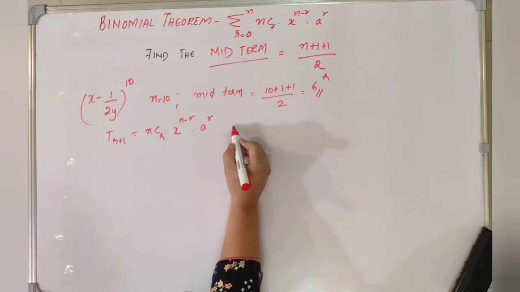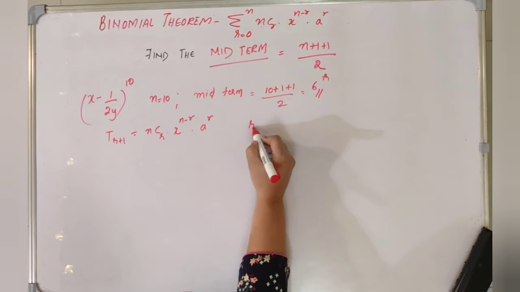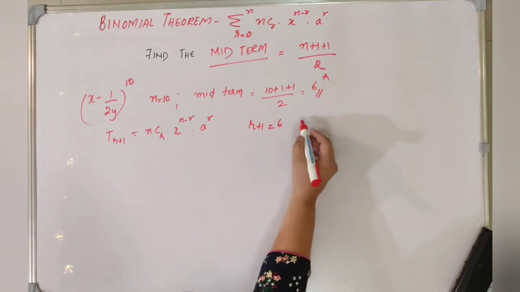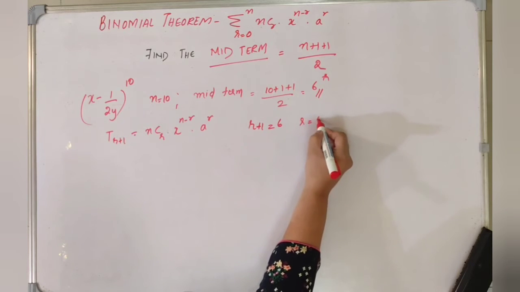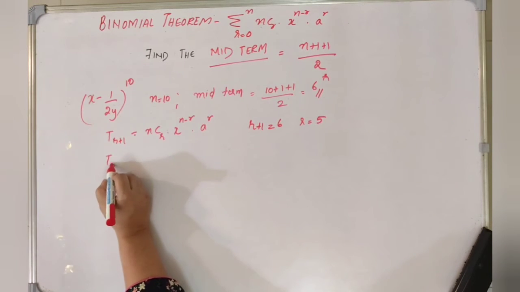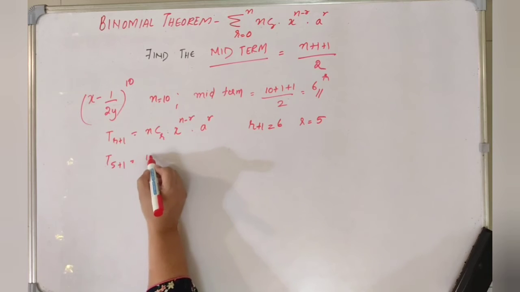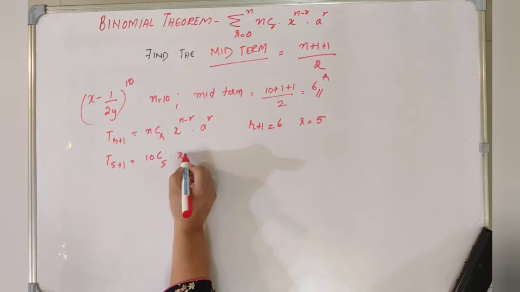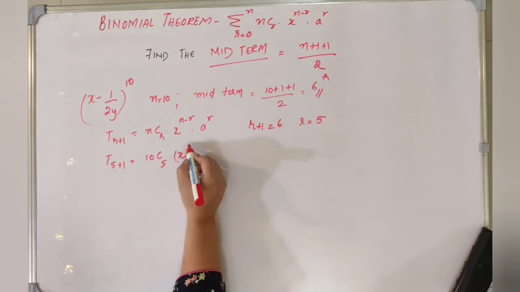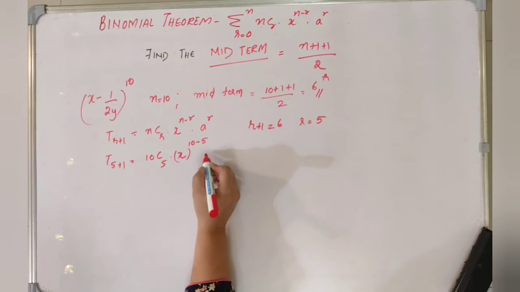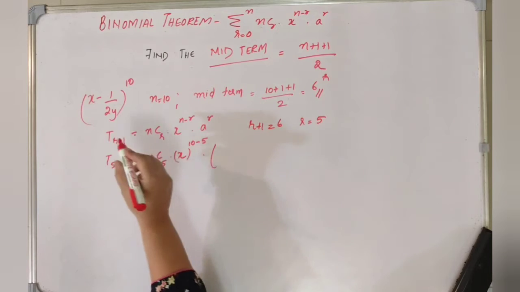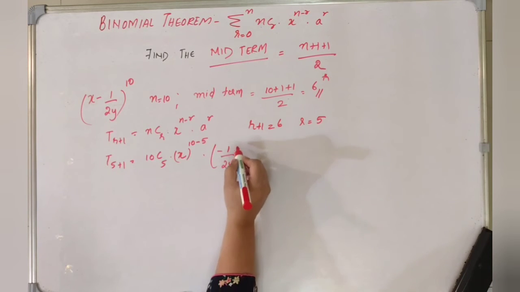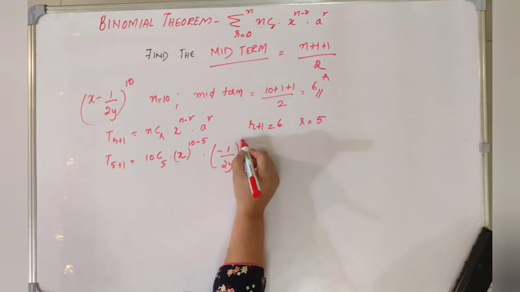So here we'll have to find the sixth term. So r + 1 is 6, which means r is equal to 5. So it will be T(5+1), n is 10, 10C5 into x, the first term, to the power n minus r, which is 10 minus 5, into a, the second term, which is minus 1/2y, to the power r, which is 5.